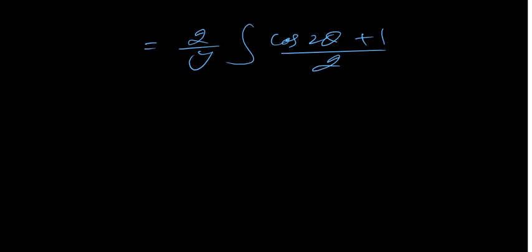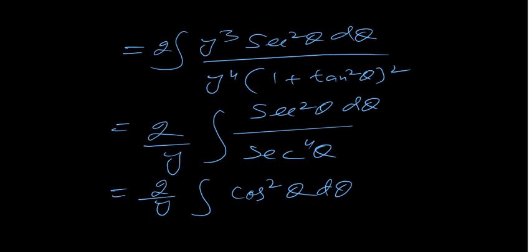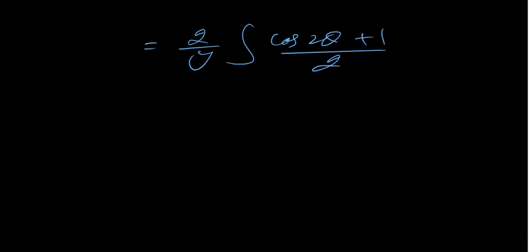And cos squared theta, it's 2 by y integral, cos squared theta is (cos 2 theta plus 1) divided by 2. Let me again check the previous page. It's 2 by y cos squared theta, and cos squared theta is (cos 2 theta plus 1) divided by 2 d theta. Now I will integrate it.